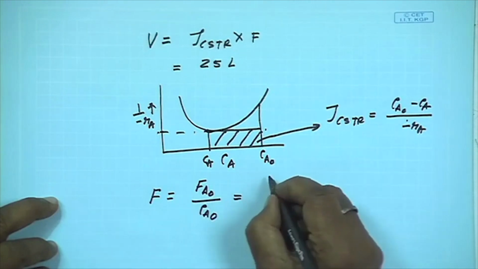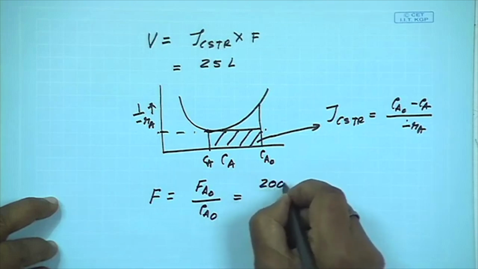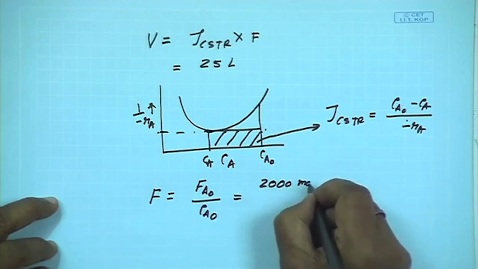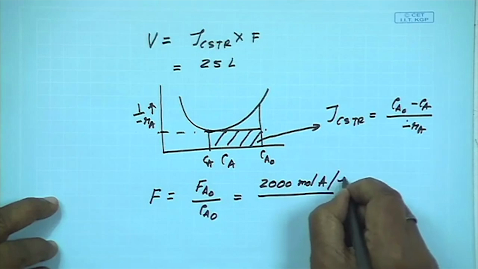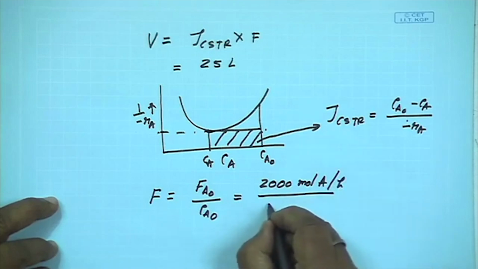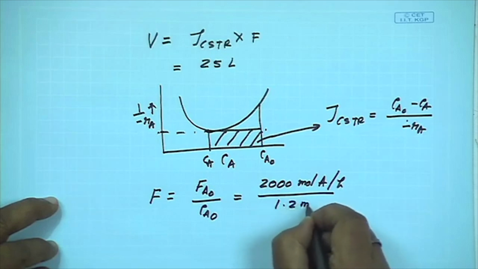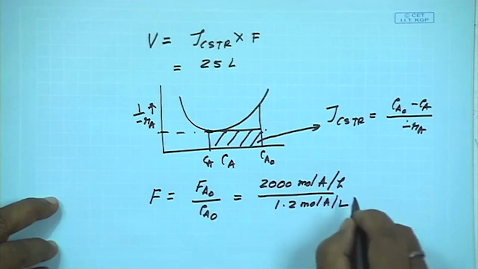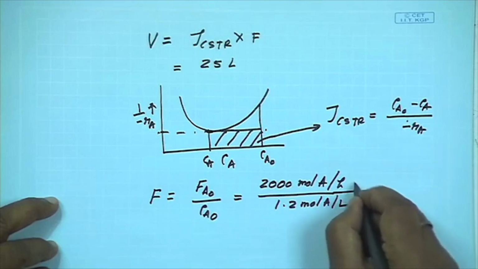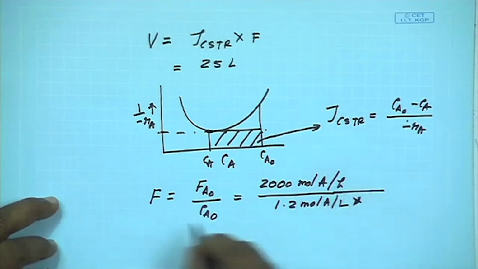Now, Fa0 was initially 1000, now it is 2000 moles of A per hour, and Ca0 is about 1.2 moles of A per liter. You can divide by 60 to get per minute, so you can easily convert.